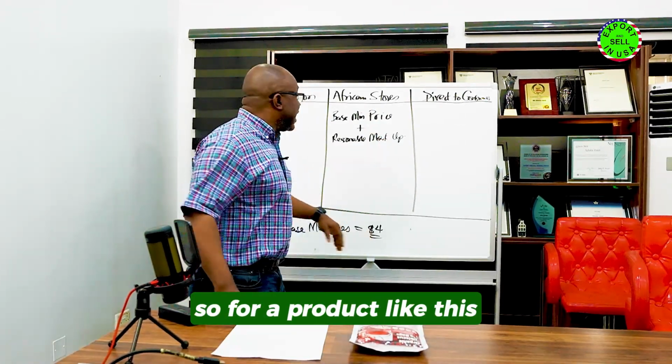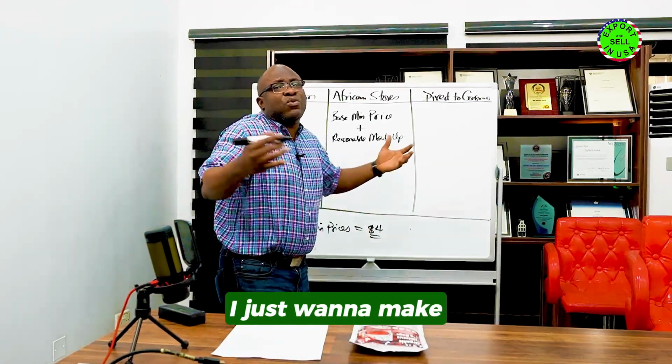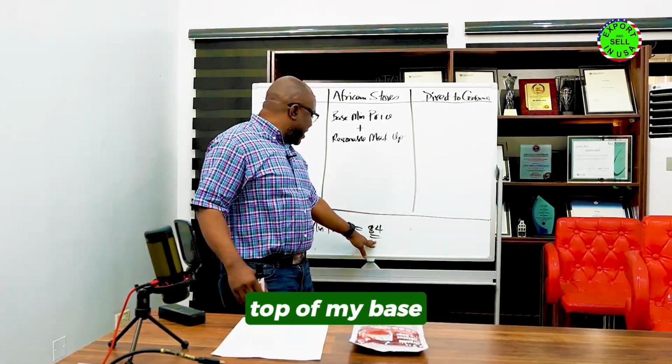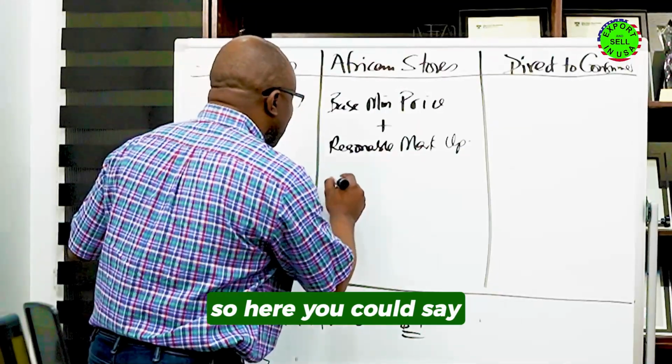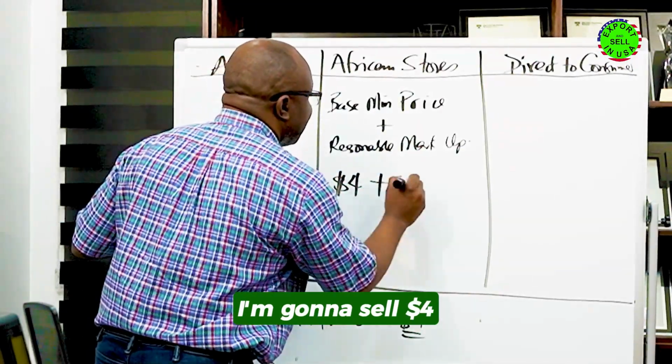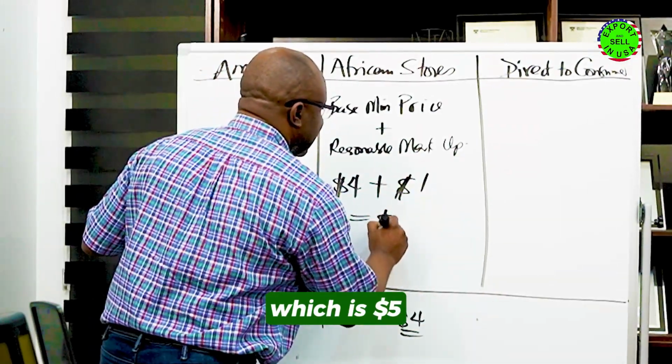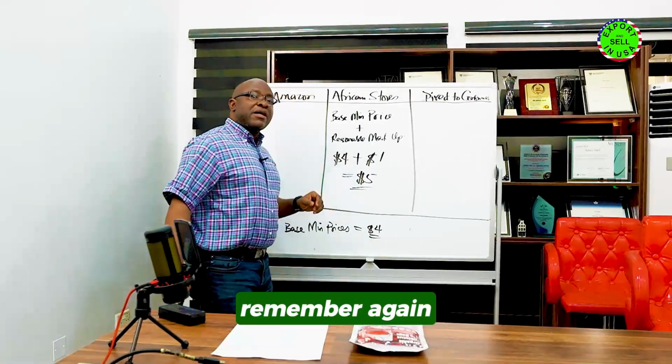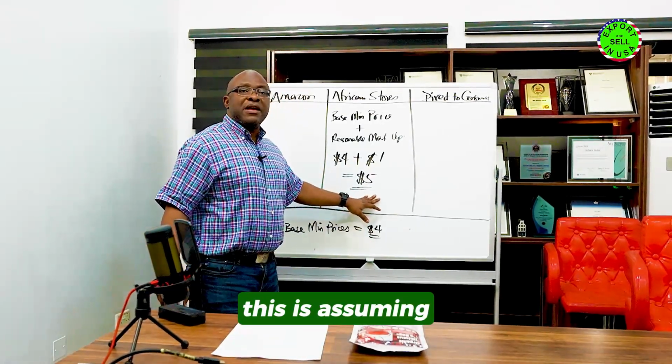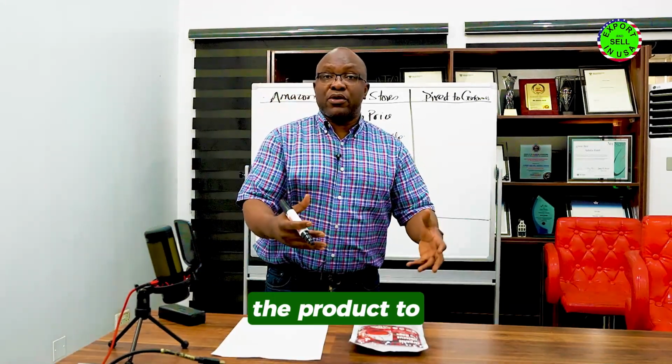So for a product like this, you can decide and say, okay, I just want to make $1 on top of my base minimum price. So here you could say, I'm going to sell $4 plus extra $1, which is $5. Remember, again, this is assuming that you don't need to deliver the product to the African store.